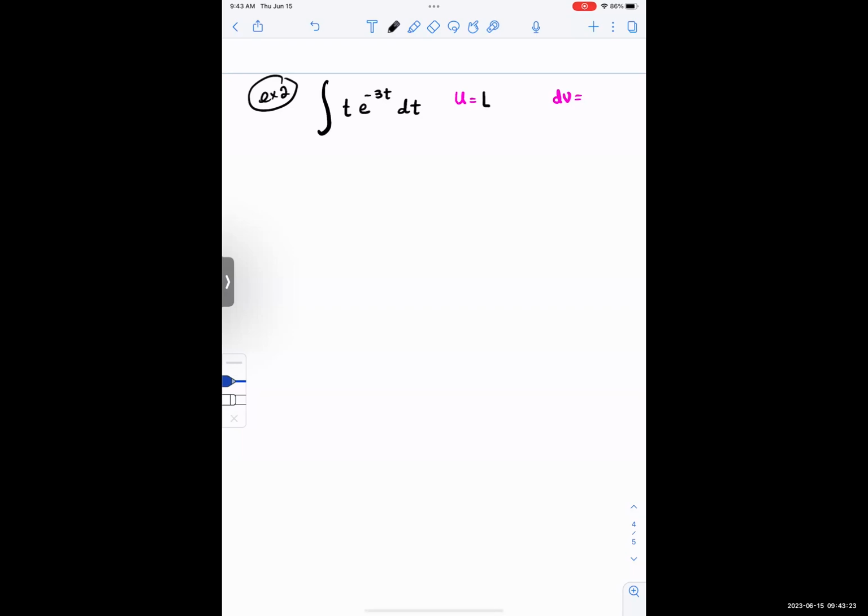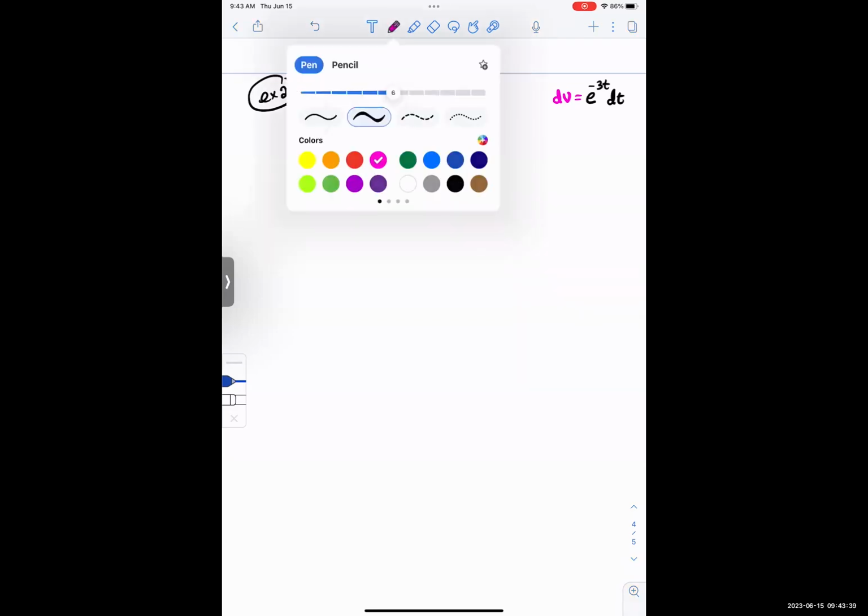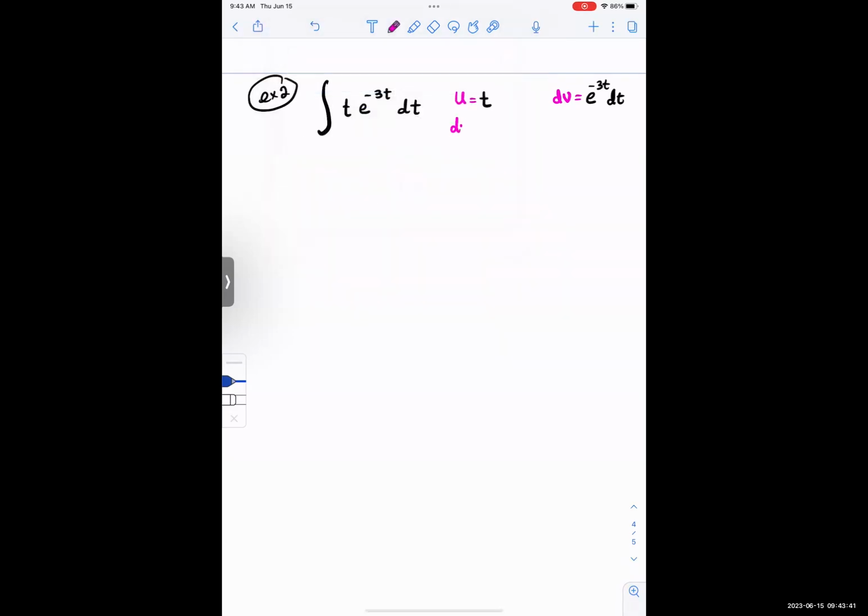So I let u be t, and I let dv be e to the -3t dt. To me, this is more than 50% of the problem if you pick it correctly, because after that, it's just simple finding derivative and finding antiderivative or integral. So I want you to do that. Come up with what is du and what is v.